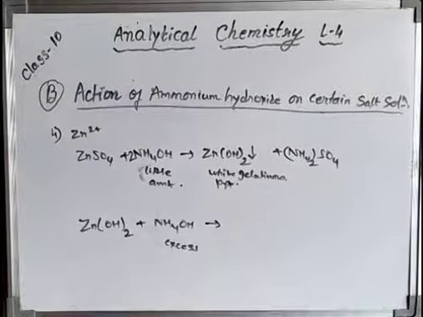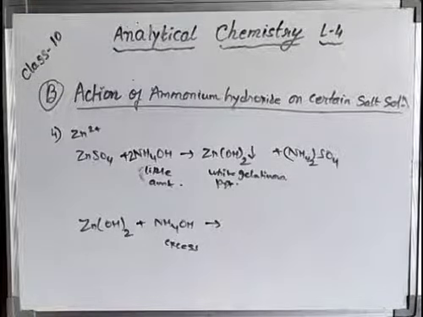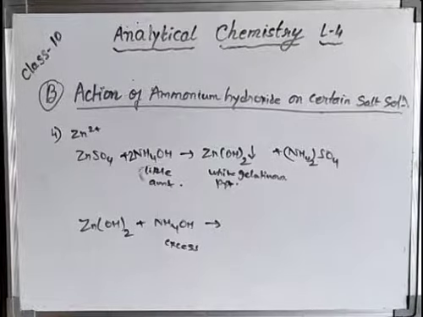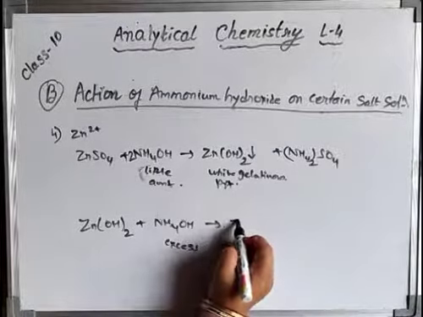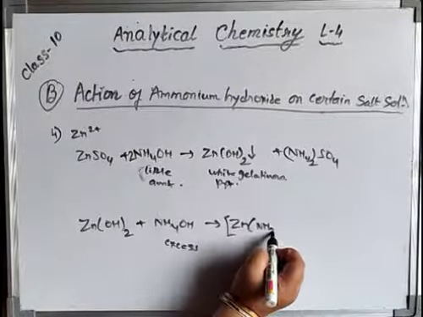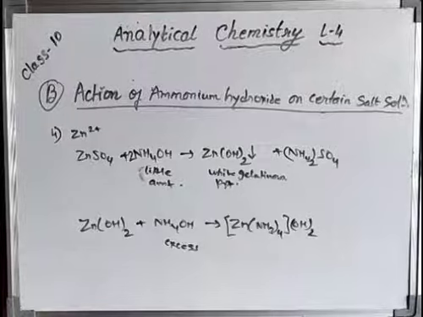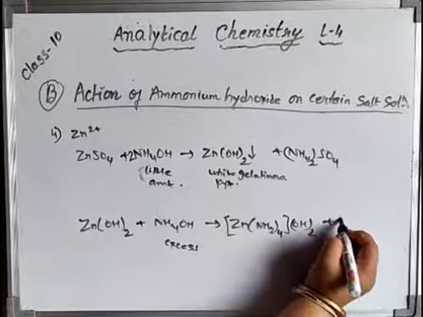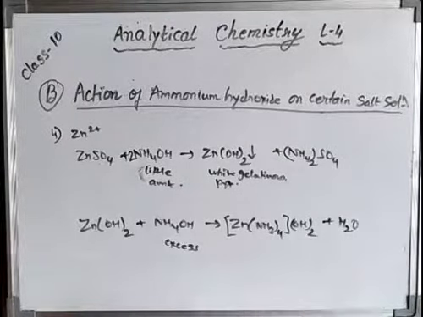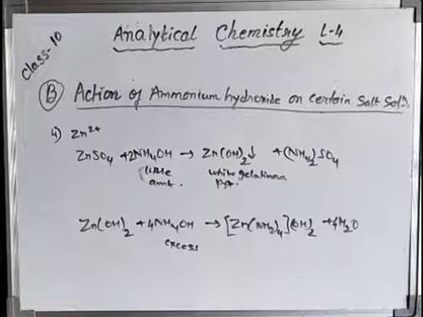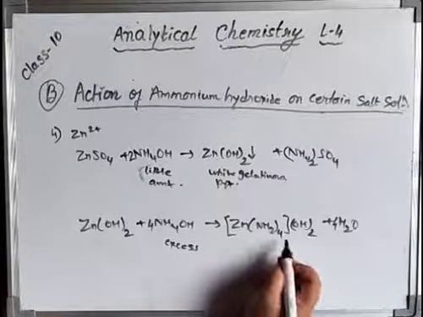Again, like the copper case we have done, it forms a soluble amino compound. So it will form the same thing, tetraamine zinc hydroxide solution plus water. Now you balance it, and the name of this is tetraamine zinc hydroxide.